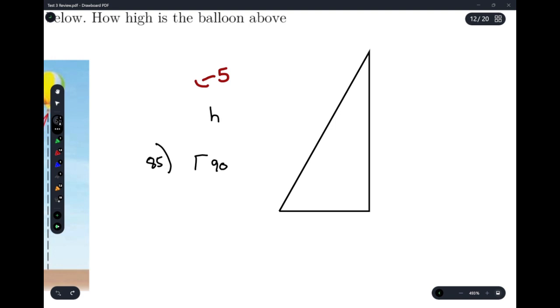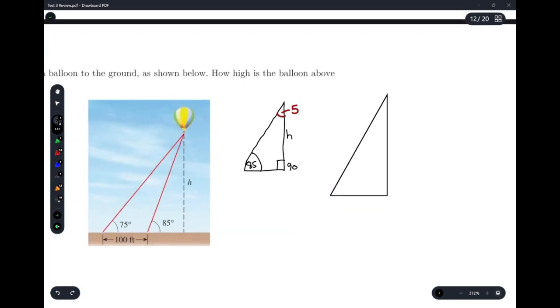For the big one, for the 85, do we know the other side? Or the other angle? 15. That angle is 15. Okay. Do we know any side? Ooh, we know this is H again, right?